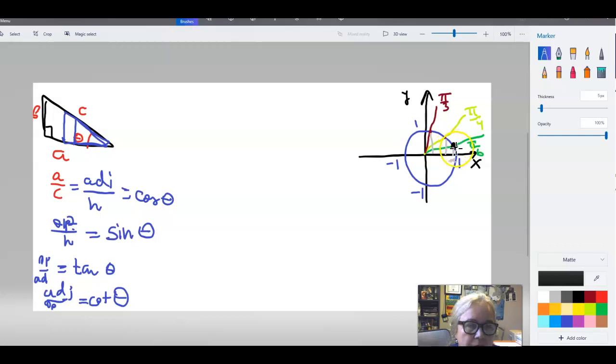If the point is on the unit circle, we found the coordinates of this point for angle pi over 6, the point on the unit circle and on the terminal side of angle pi over 6.